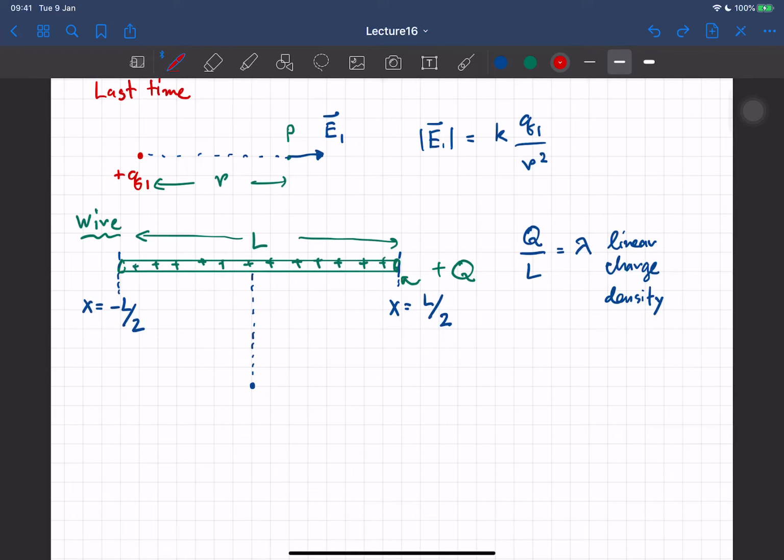In this case, we're going to use the x variable, which denotes the whole length of the wire, and x runs from minus L over 2 to L over 2, from left to right. So we're going to cut the wire into a small section like this.